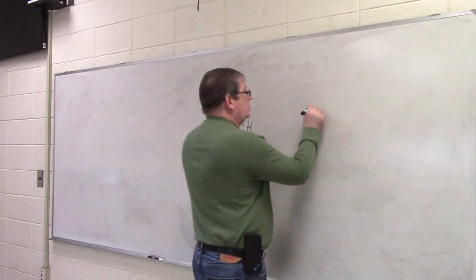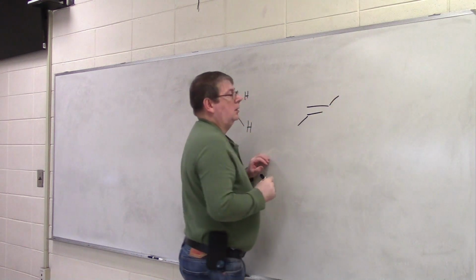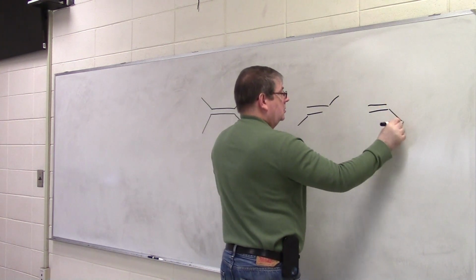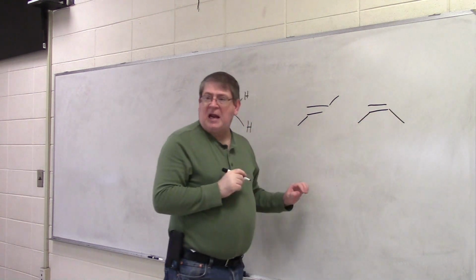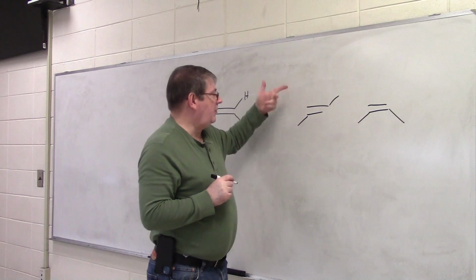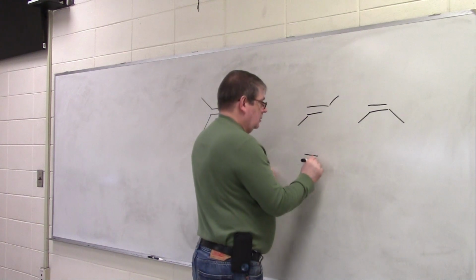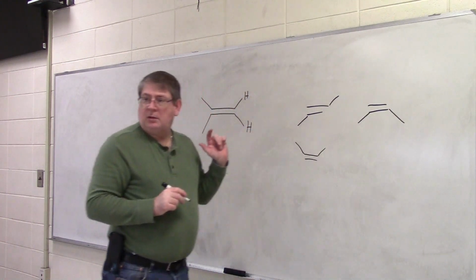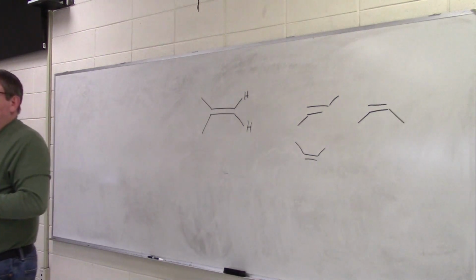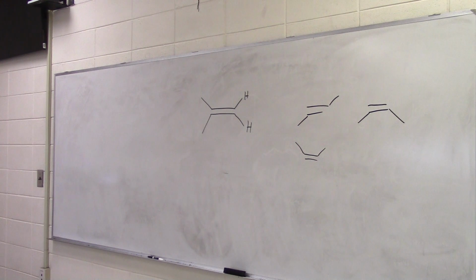But if I look at this one, if I swap the position of these groups, things change, right? If I swap that, it changes. If I swap that, it changes. But if I swap these or I swap those, nothing changes. It's still the same thing. There is no cis or trans. Okay. That makes sense. Thank you.